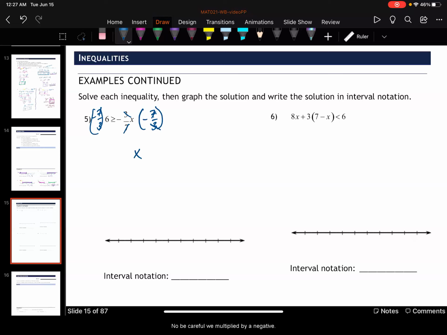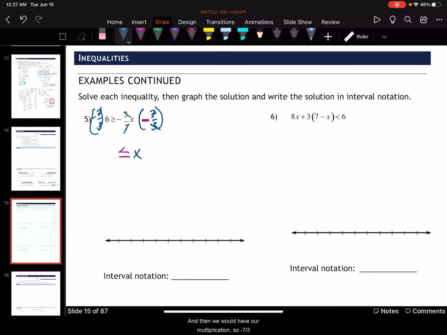Now be careful, we multiplied by a negative. When you do that, you have to flip the sign of the inequality. So instead of greater than or equal to, it now becomes less than or equal to.